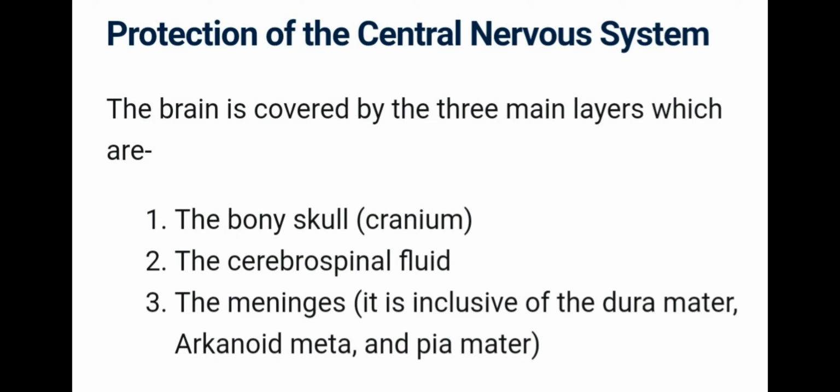Meninges includes dura mater, arachnoid mater and pia mater. You don't have to remember this, but you have to remember the 3 layers which protect our brain. One is the bony skull, also known as cranium. Another one is cerebrospinal fluid, and the third one is meninges.